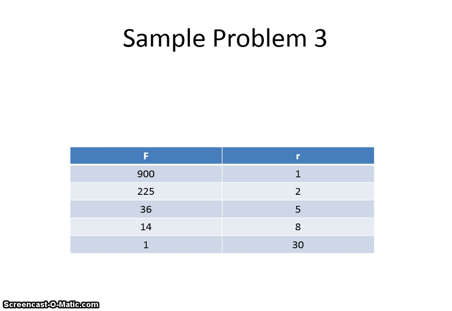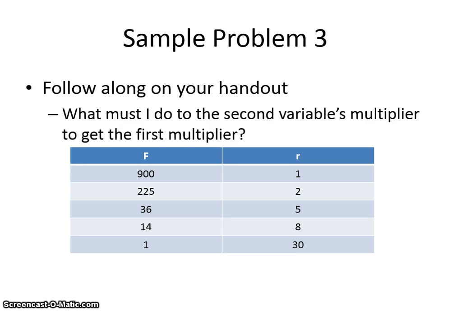In sample problem 3, when we followed along, for force it was times 1, times 1/4, 1/9, 1/64 approximately, and 1/900. In the R column, since the first number is 1, each multiplier was the same as the number. So in this case, we had to both take the inverse and square it. We would say that F is proportional to 1/r squared.